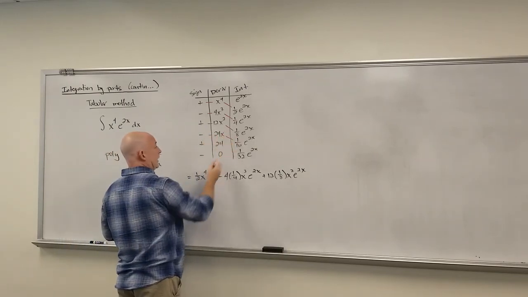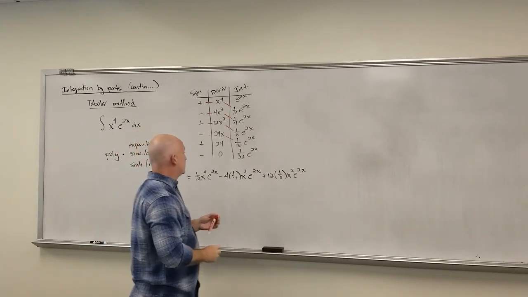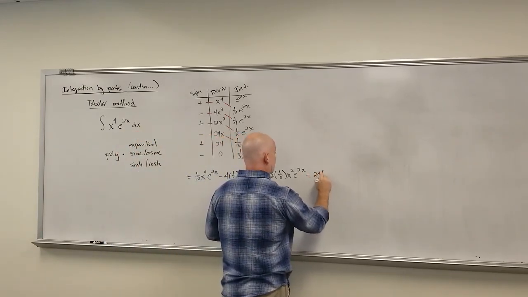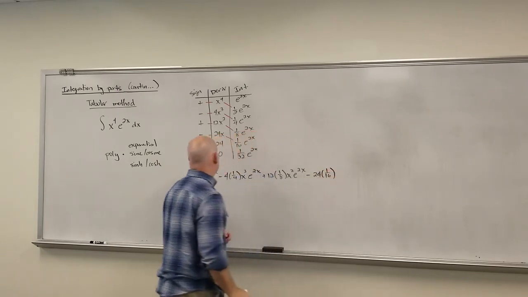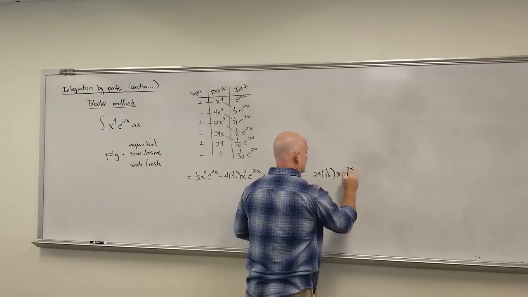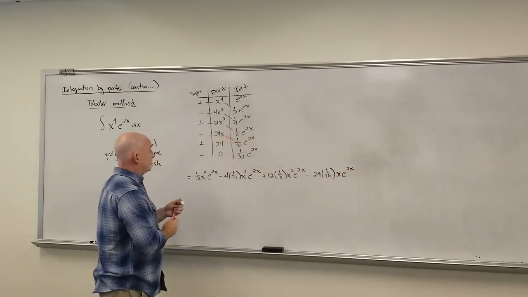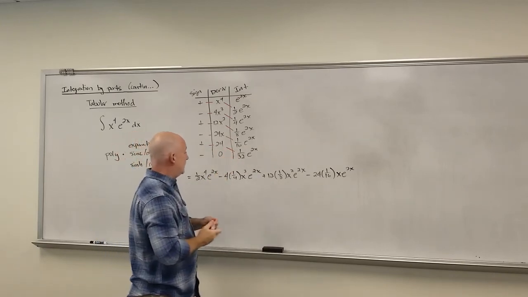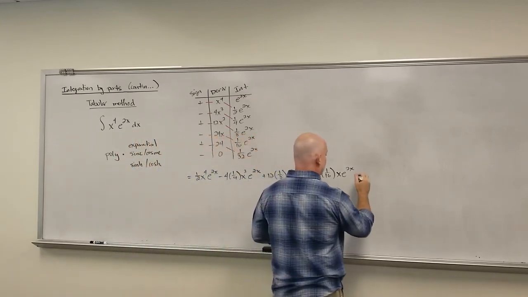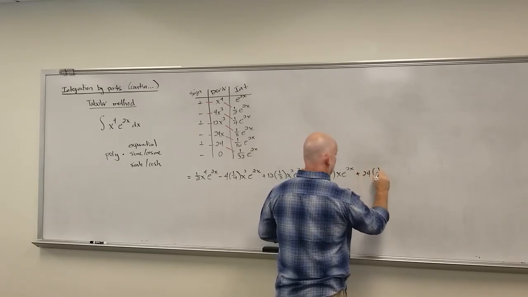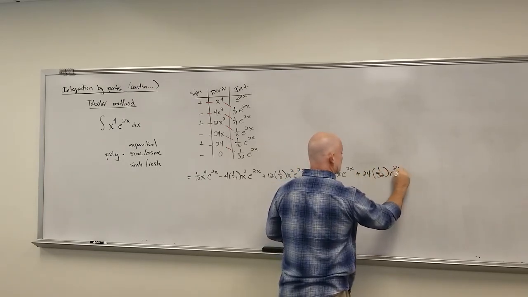This times that, so it's going to be minus 24 times 1/16 x e to the 2x. And after that, that's going to be plus, so we're going to get plus 24 times 1/32 e to the 2x.